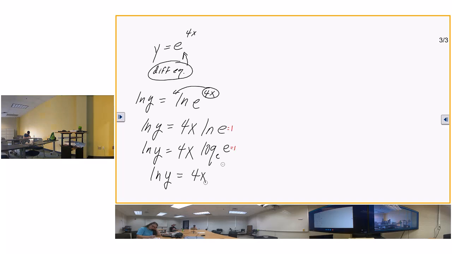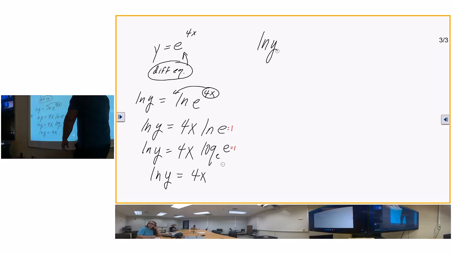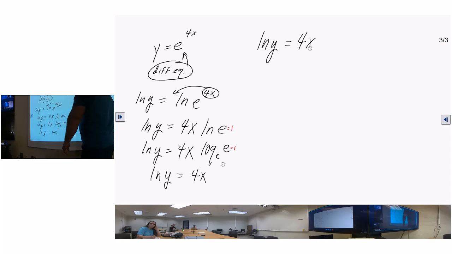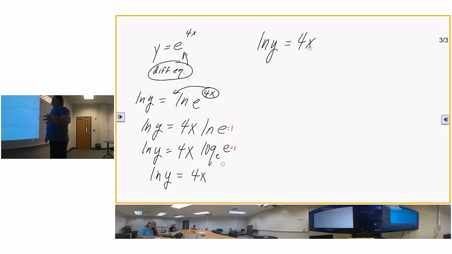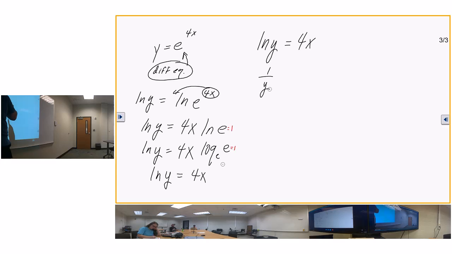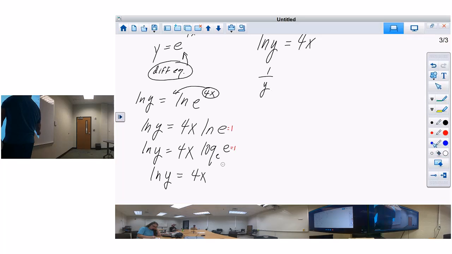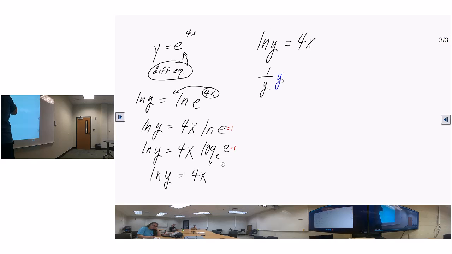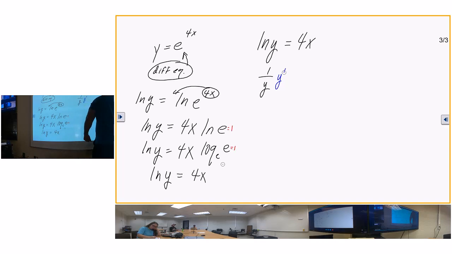Natural log of y is equal to 4x. What is the derivative of any natural log of something? du over u, right? So what is the derivative of y? 1 over y. But what do we have to do with y when we implicitly differentiate? y prime is equal to 4x. Now solve for what? y prime, Hubert.